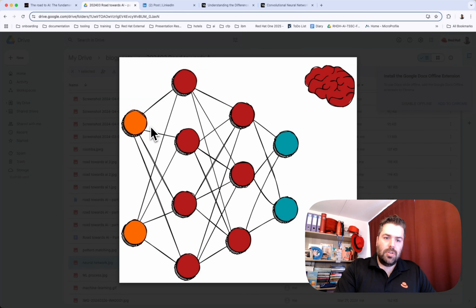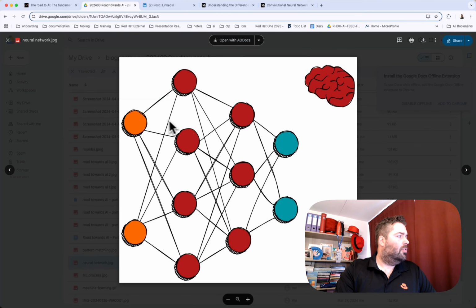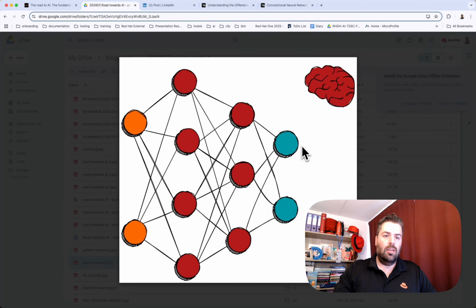Talking about input nodes, you see that we have three color schemes over here. The first one, the orange layer, is the input layer. This is the first layer that receives raw data or features. For example, pixels of an image, text, sensor data, and so on. Then we have a greenish output layer.